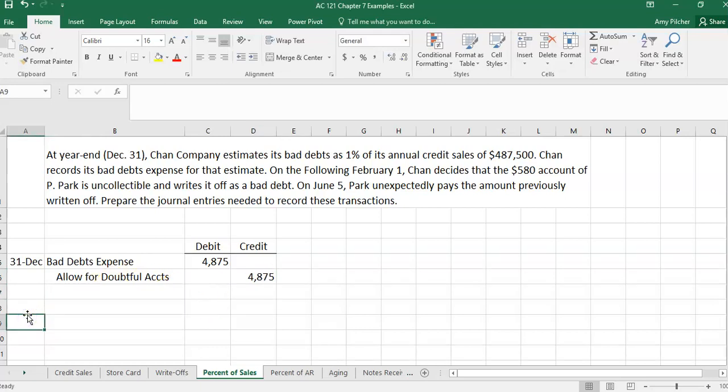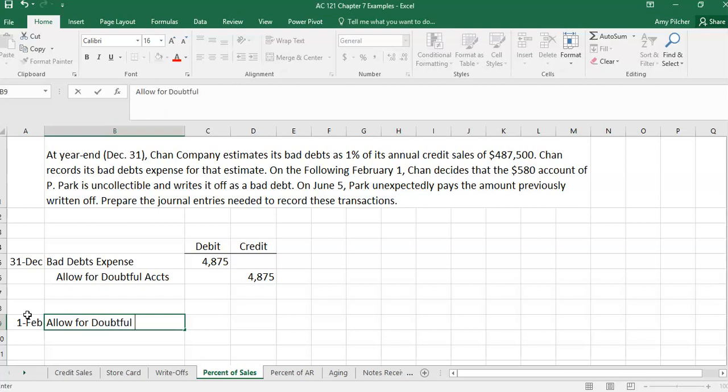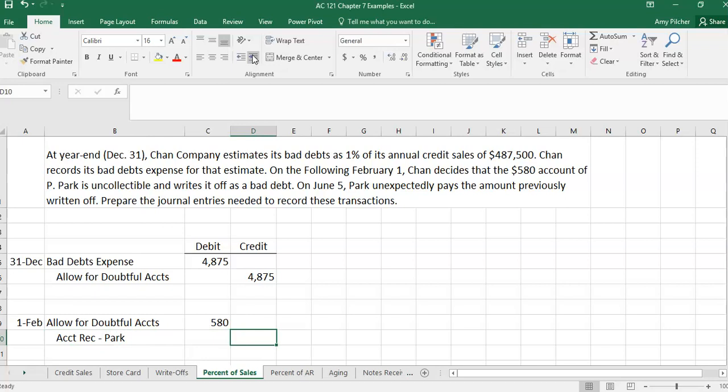Then it tells us on February 1st, we've decided that the account of P Park is uncollectible and we write it off as a bad debt. So February 1st, we are going to record that to the allowance for doubtful accounts for $580, and we're going to remove their account receivable, $580.